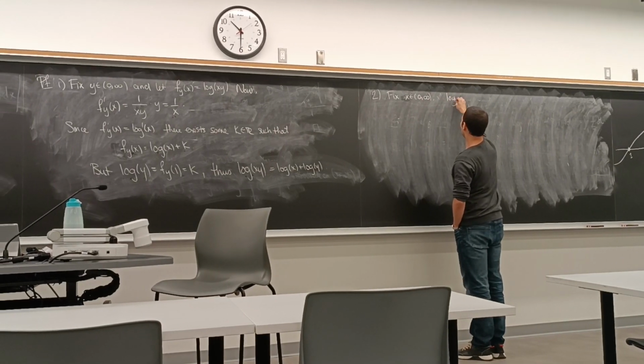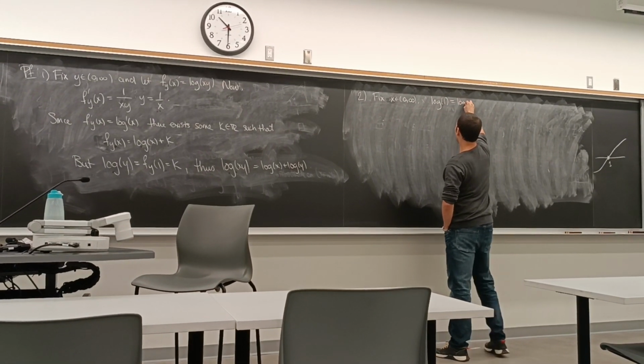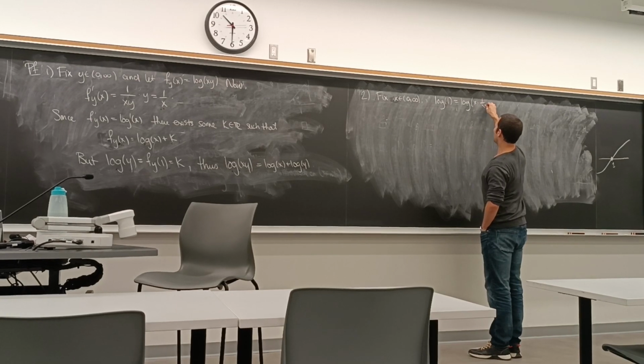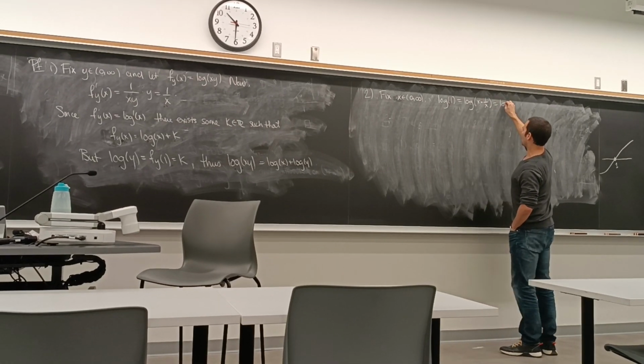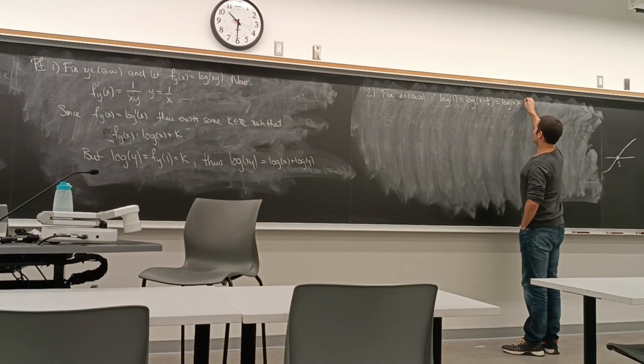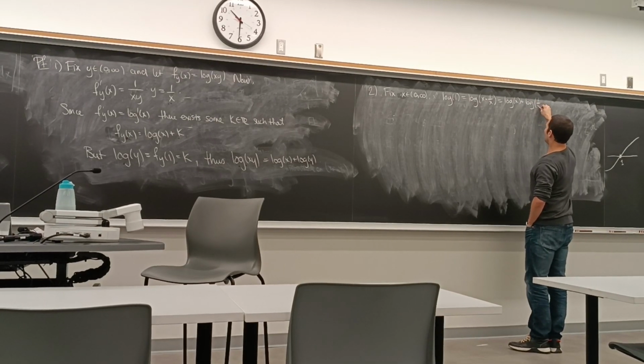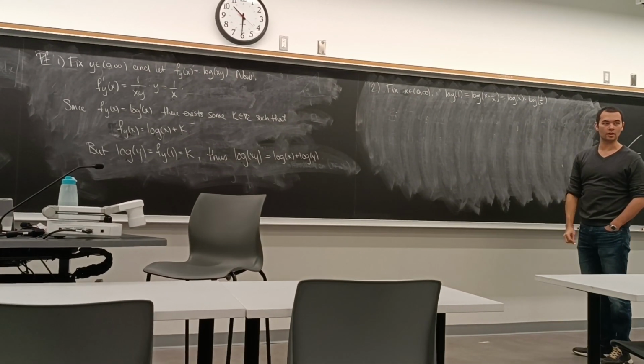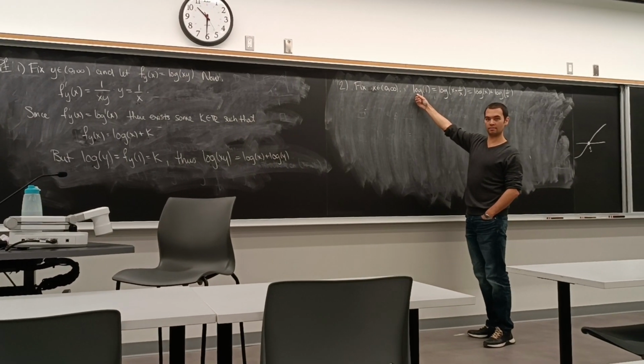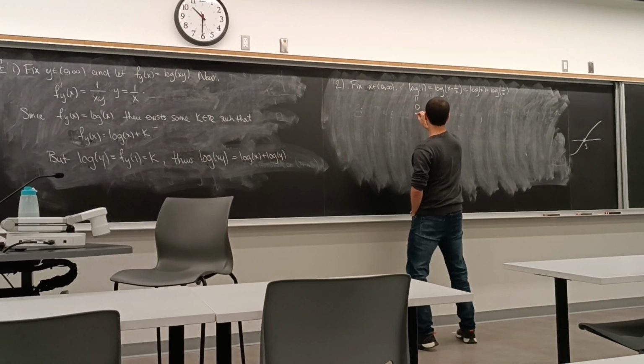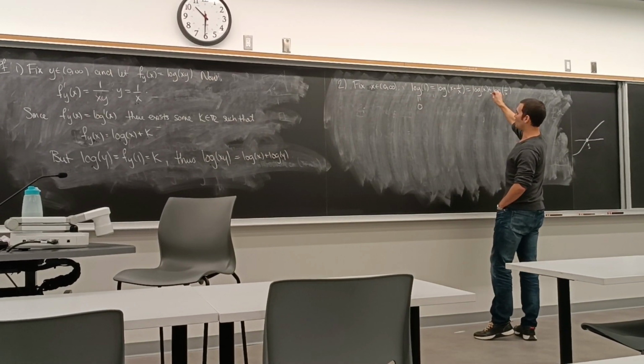And we get log 1 is log x times 1 over x, which is log x plus log 1 over x, right? That's 0. So solve this for log 1 over x, what do you get? You get negative log x.